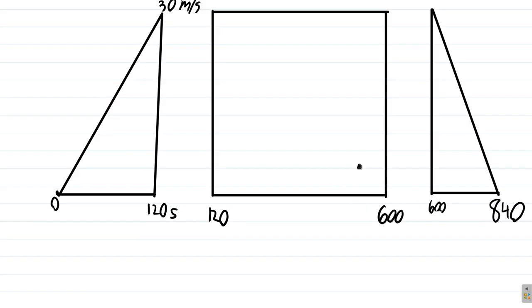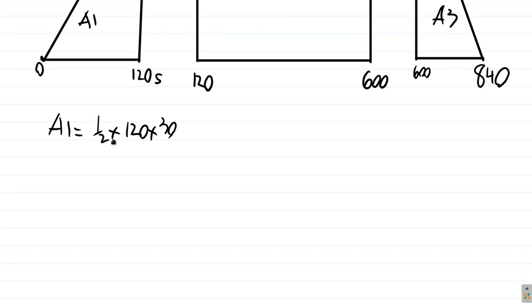So here now, we're going to do the calculation. Call this A1, A2, A3. A1 is half times the base 120 times the height 30. Half of 120 is 60. 60 times 30 is 1800.